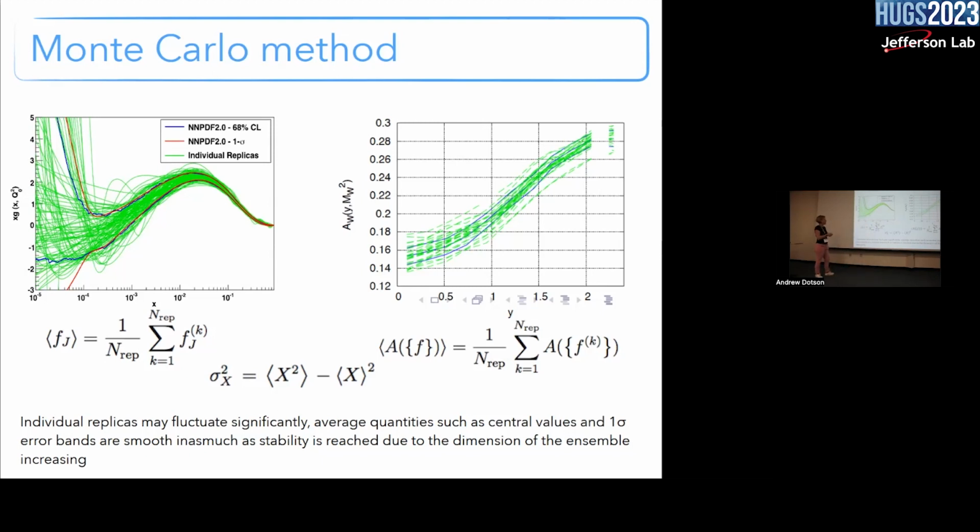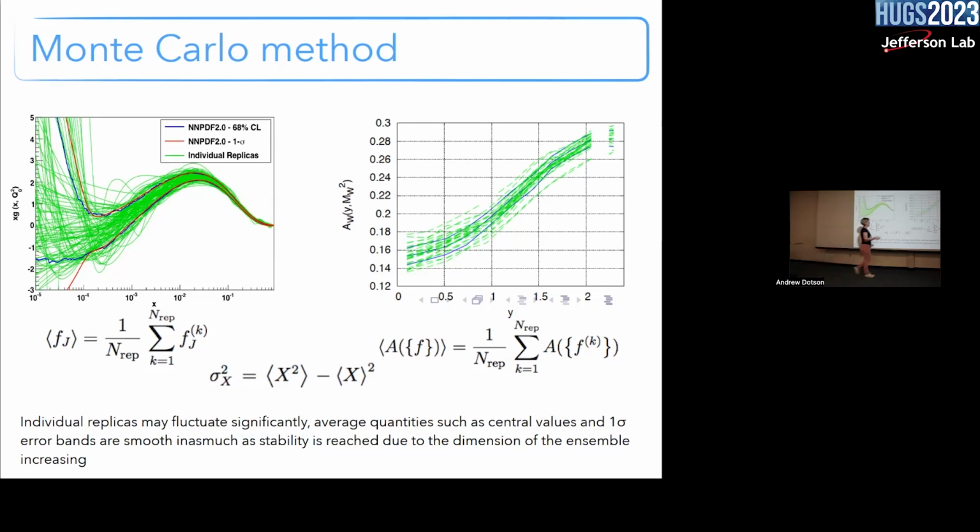So basically, with the replicas, you have generated a Monte Carlo distribution in the PDF space from which you can extract all the correlations, the variances, anything you want from this Monte Carlo sampling, okay? And you can do the same for the observables. How do you estimate the expectation value for a Monte Carlo set?